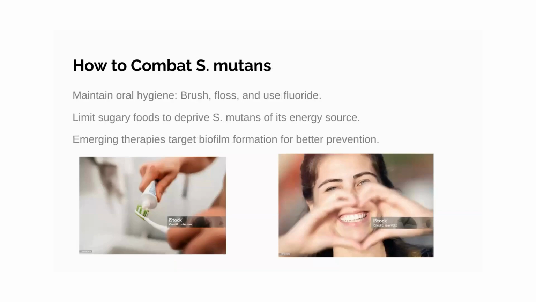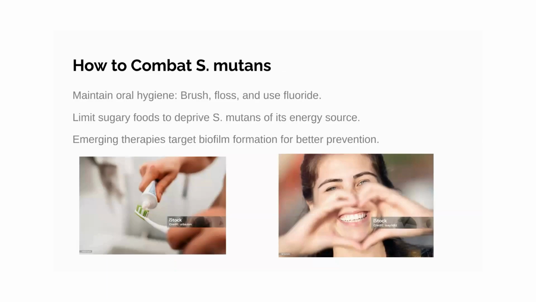Well, the prevention is very important here. The good news is that we can fight Streptococcus mutans, because brushing and flossing help break up biofilms. Fluoride strengthens enamel and reduces acid damage.